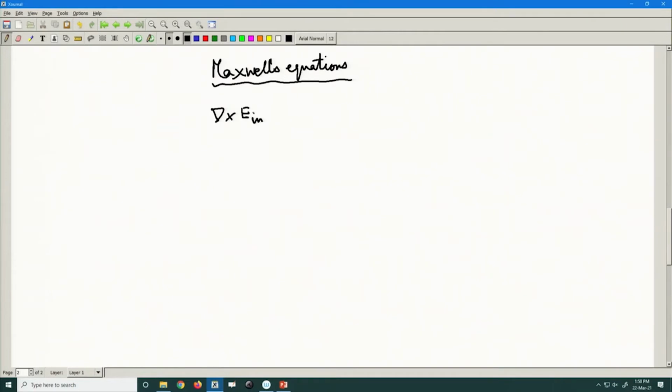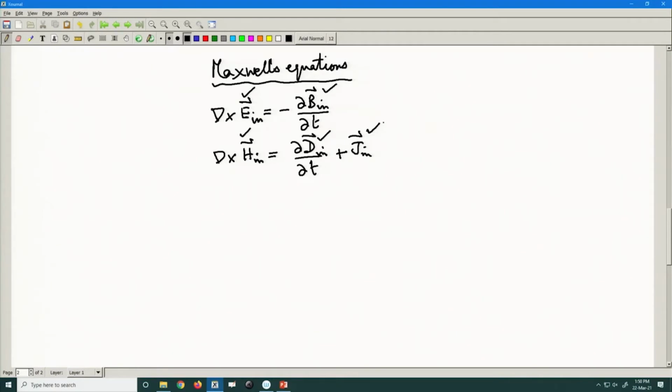E is the instantaneous electric field, B is the instantaneous magnetic flux density, H is the instantaneous magnetic field, D is the instantaneous electric flux density, and J is the impressed electric current.